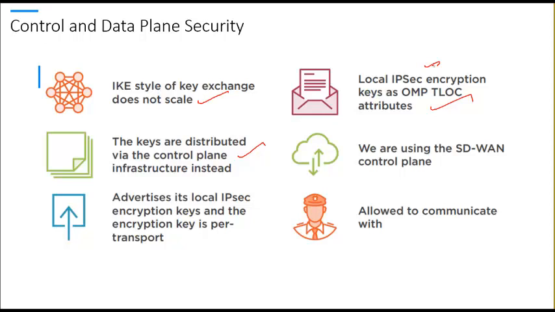So it is the OMP protocol that ensures the propagation of the encryption key, which will be used by the data plane. So the vSmart controller takes care of the IPsec key distribution, or AES key distribution.